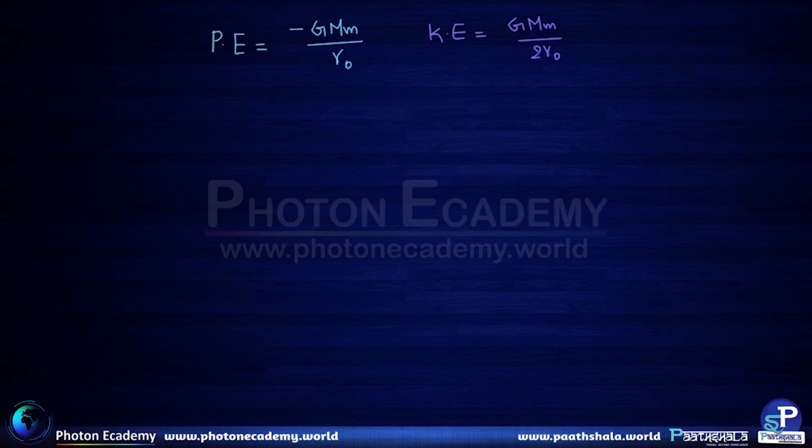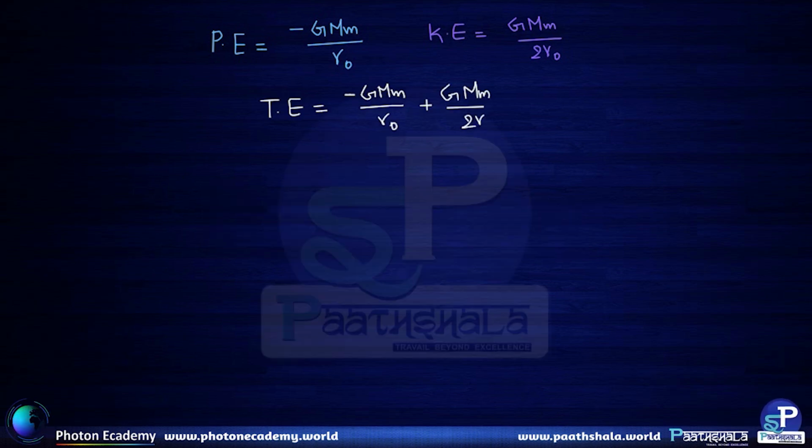So the total energy of the satellite will be the sum of potential energy and kinetic energy, which is −GMm/R0 plus GMm/2R0. And this is going to be equal to −GMm/2R0.